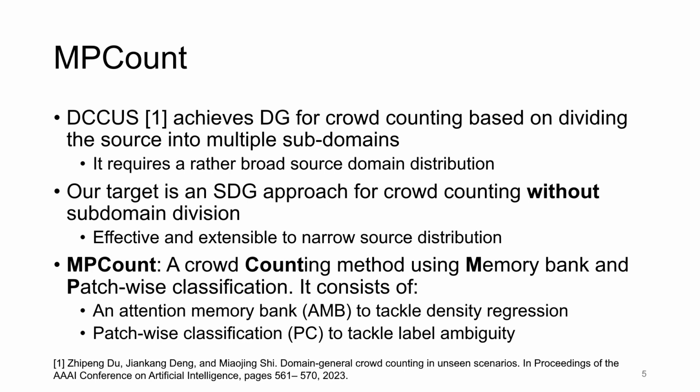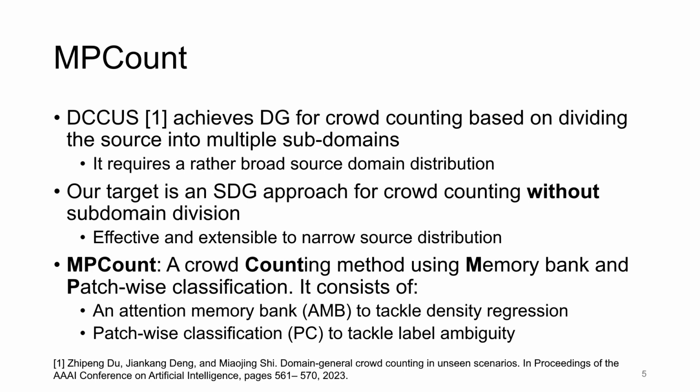DCCUS is the first work to consider domain generalization for crowd counting, but it is based on dividing the source domain into multiple subdomains, so it requires a rather broad source domain distribution. So our target is an SDG approach for crowd counting without such division, so that we can extend our methods to narrow source distribution.